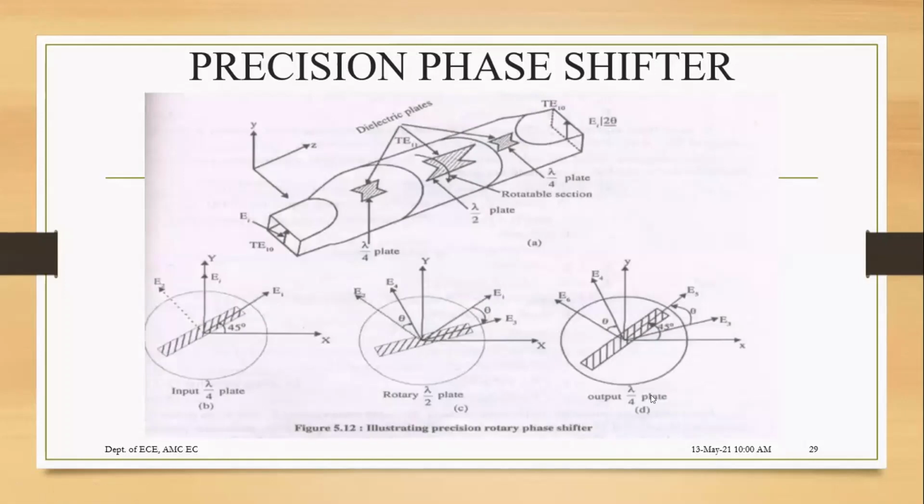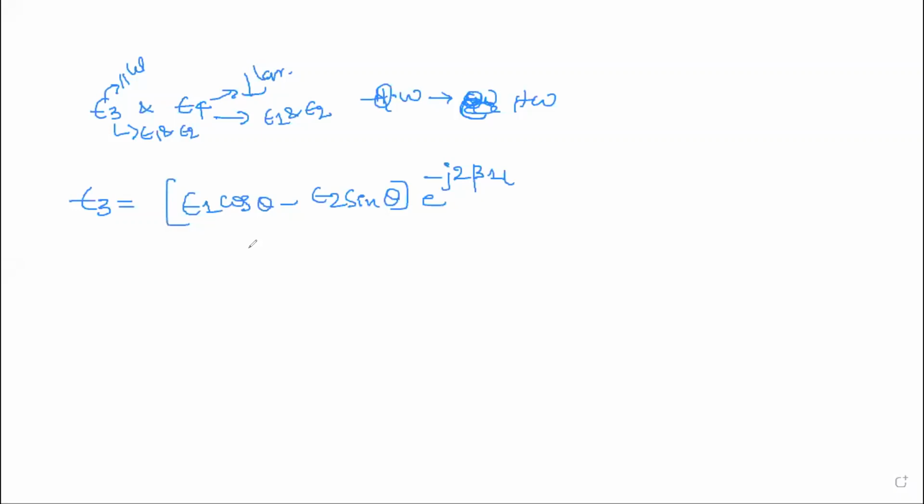Now you have E3 as E1 cos theta minus E2 sin theta e to the power minus j 2 beta 1L. To simplify this, what was the E2 value in the previous equation, the third equation? E2 was E1 e to the power j pi by 2.